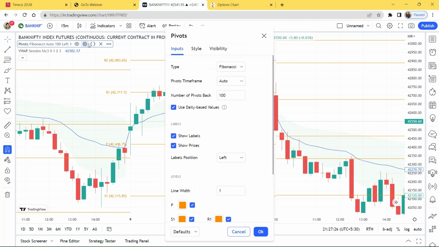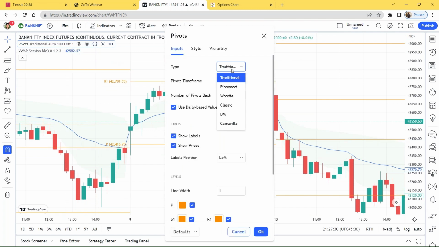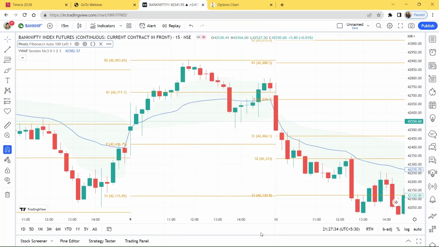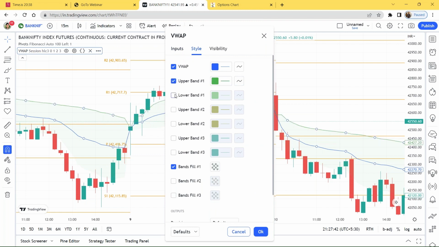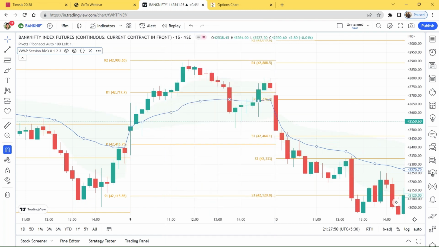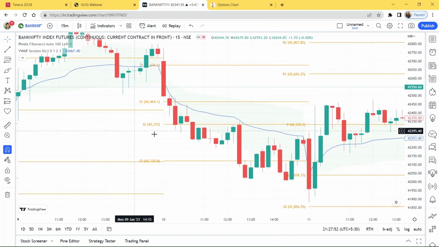Go to the settings, where traditional comes by default, change it to Fibonacci and click OK. Second, apply VWAP, go to the style settings, and uncheck the upper band and lower band, which are automatically ticked, then click OK. So the indicators have been applied.